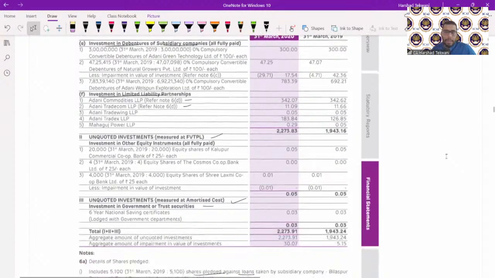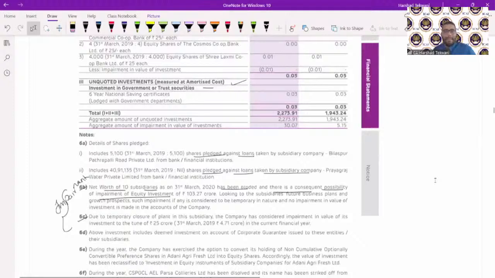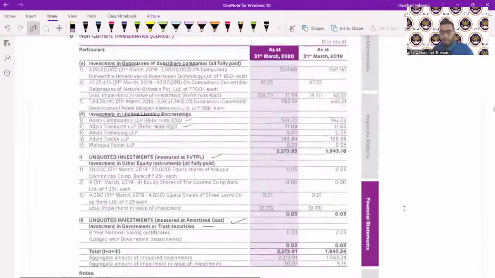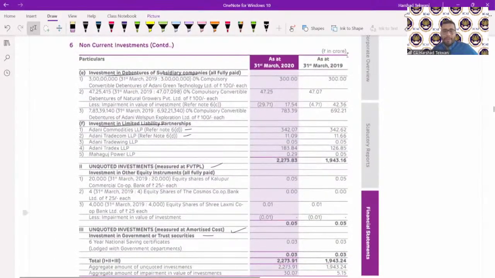Now what Schedule 3 says is that whenever you prepare a note, at least you should provide a description of that particular narrative of that particular item. When I say a narrative, it means the detail of that particular item, the nature of that item, information about that item.